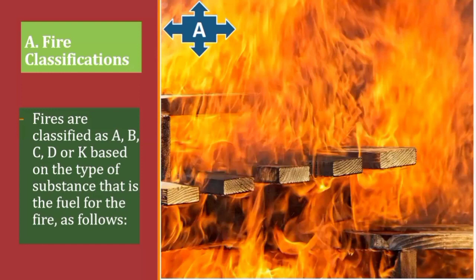However, in cases that nearby the Class A fire, or nearby the object that is on fire, there are electrical wires, you have to be very careful about using water.